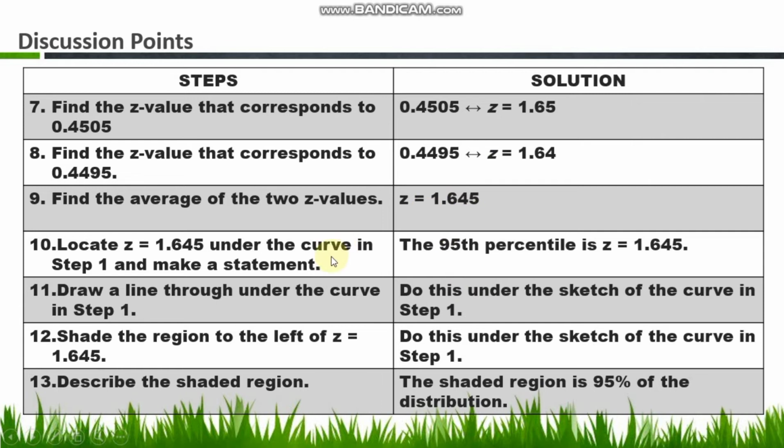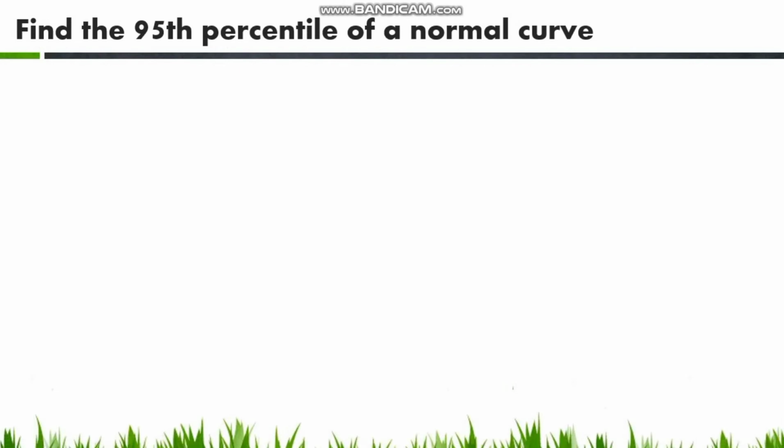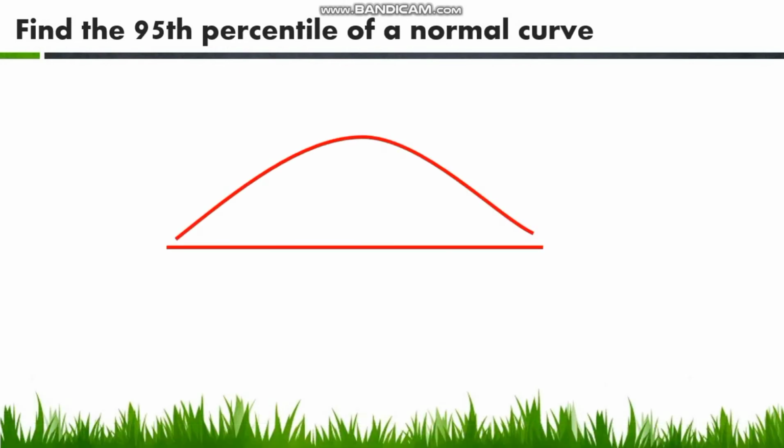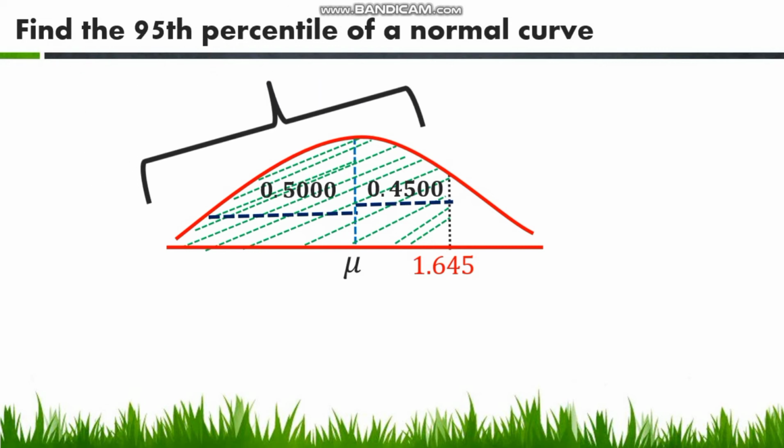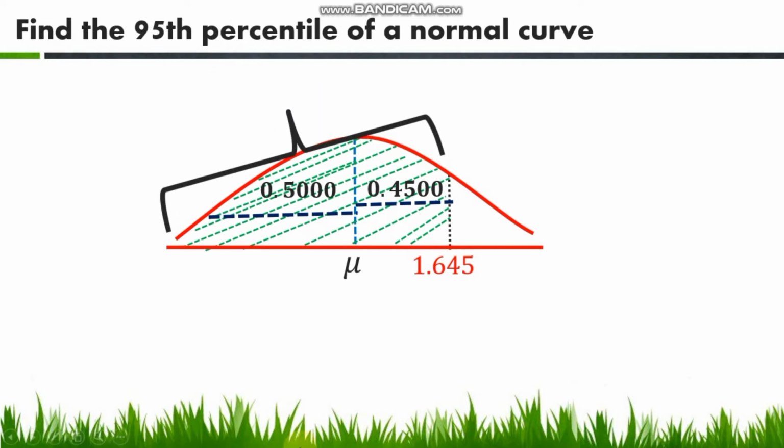Next, locate z, which is 1.645, under the curve in step 1 and make a statement. The 95th percentile is at z equal to 1.645. To figure that out, we have this one, our original illustration from earlier. We locate the 0.5 and then 0.4500, and we looked for 1.645. This is what we solved.